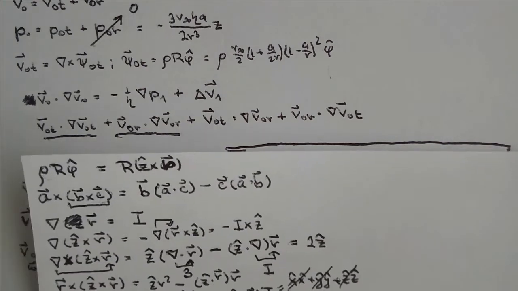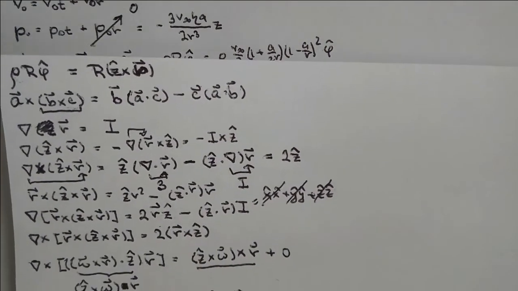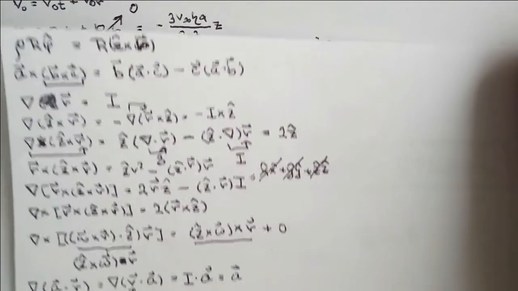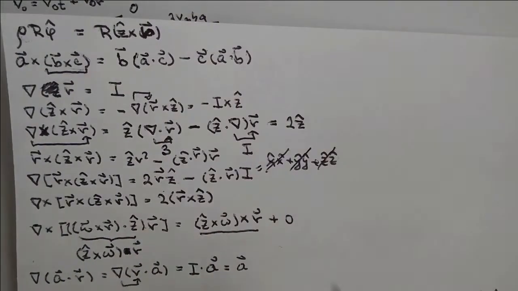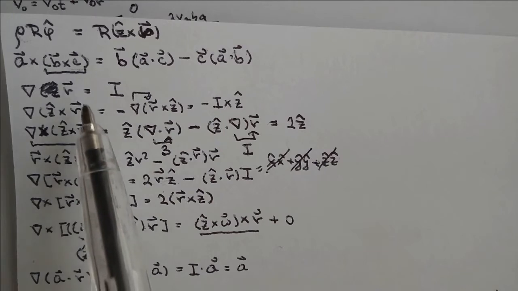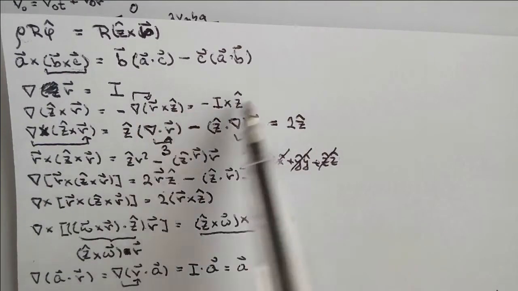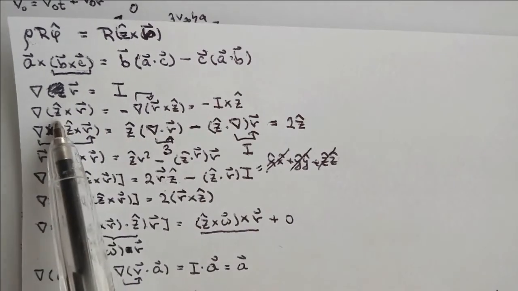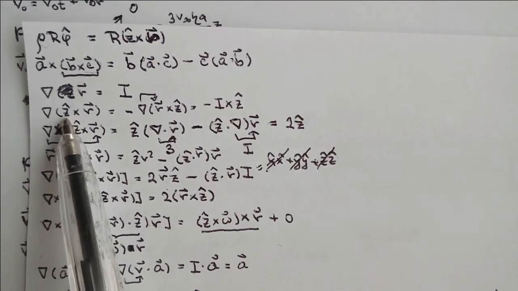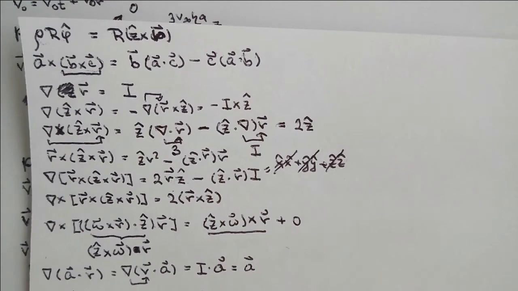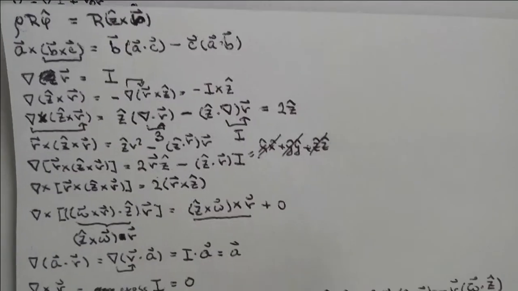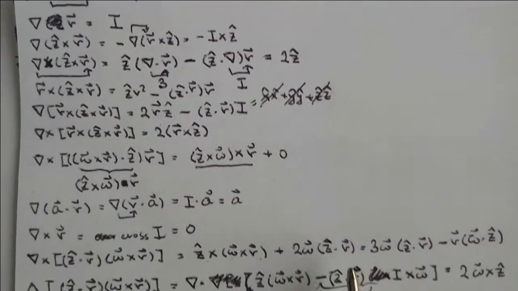These are formulas of r vectors, position vectors, z vectors, which can also be changed with omega or any other constant vector in all these formulas except the first one. A, B and C are constant vectors.